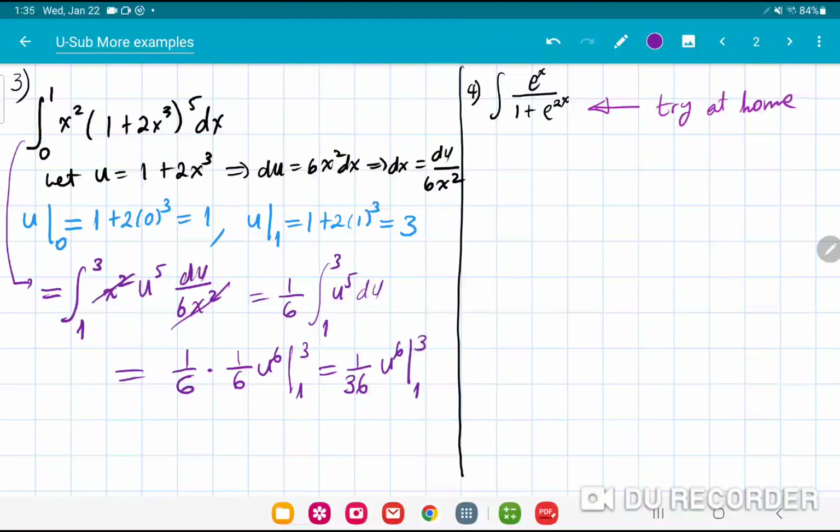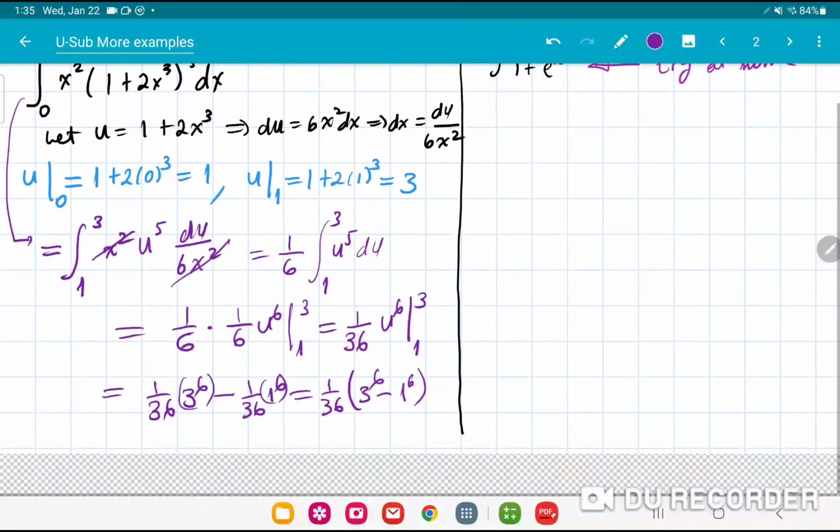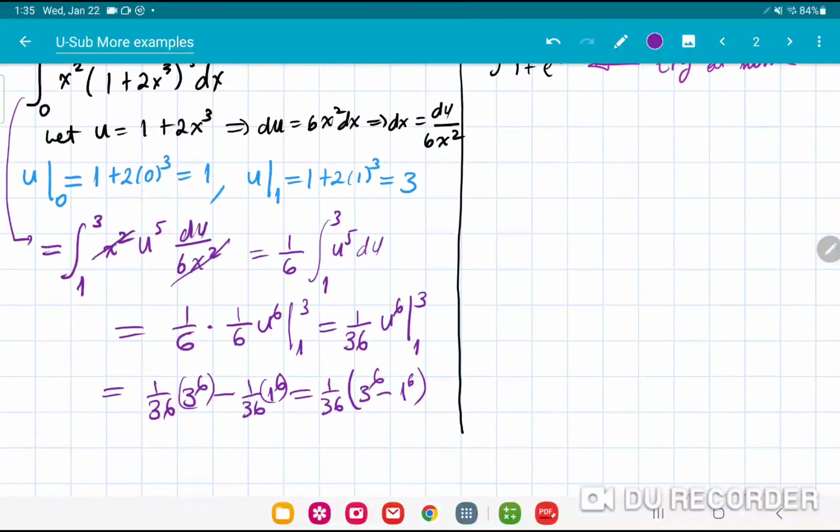So I'm going to put 3 in, and I'm going to put 1 in. This gives me 1 over 36 times 3 to the 6th minus 1 over 36 times 1 to the 6th. Or just 1 over 36 times 3 to the 6th minus 1 to the 6th. Well, 3 to the 6th is actually 729.